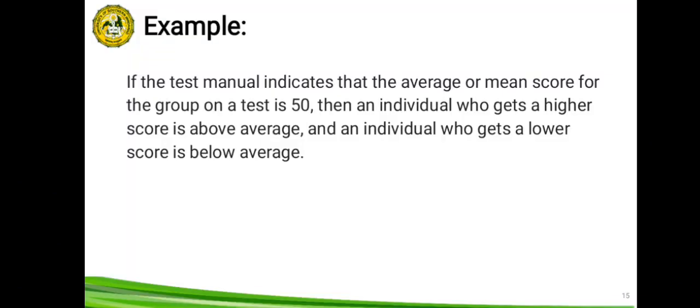Also, this is measured in standard deviation, and that standard deviation is a number that shows how spread out scores are in a group. And here's the example for standard score. If the test manual indicates that the average or mean score for the group on a test is 50, then an individual who gets a higher score is above average and an individual who got a lower score is below the average.